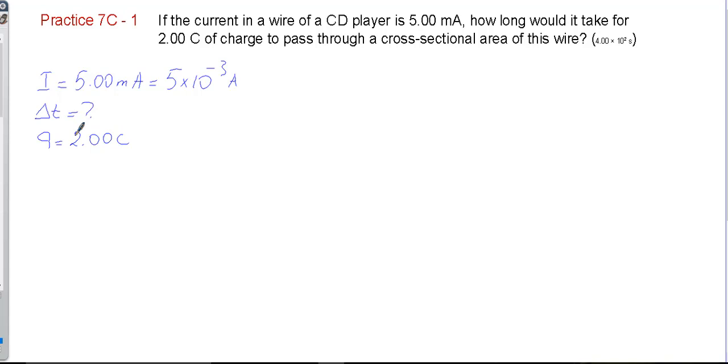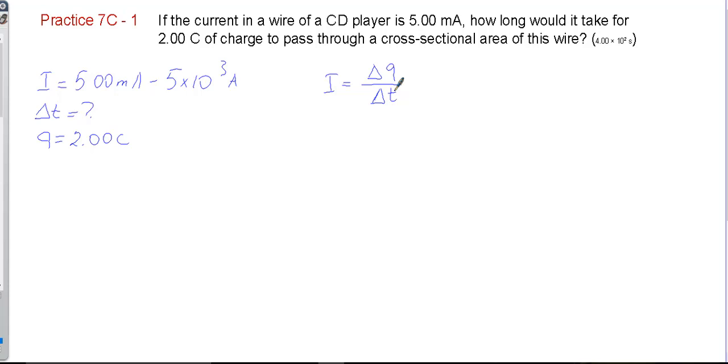So, what we learned: I is equal to delta Q over delta T. Current is the time rate of charge that flows past a cross-section area.